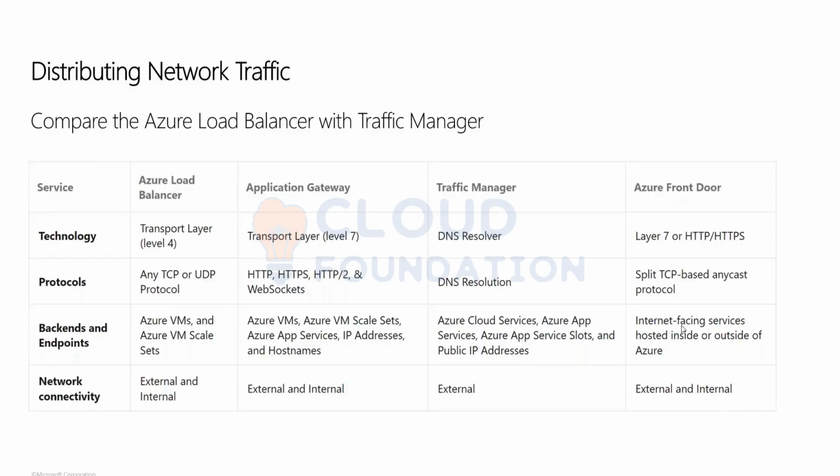If you look at your Front Door service, you can see I can make it work with internet-facing services. This is one of the very important aspects. It will not work with IP addresses, host names, none of these. It has to be an internet-facing service. It can work with HTTP services, but it has to be internet-facing.